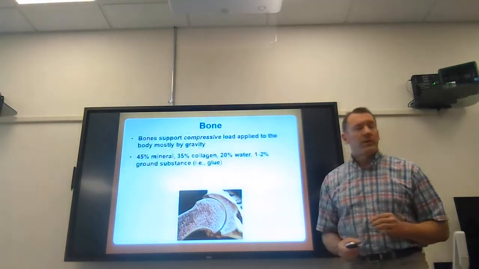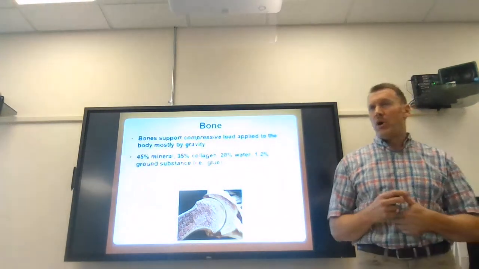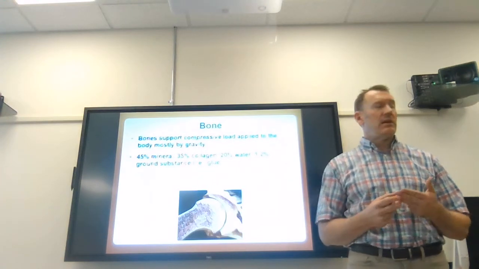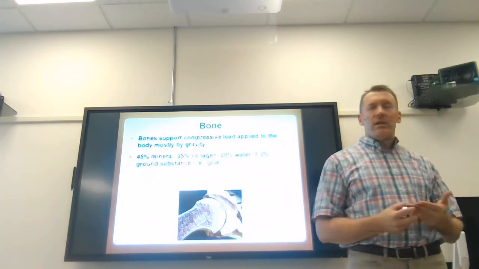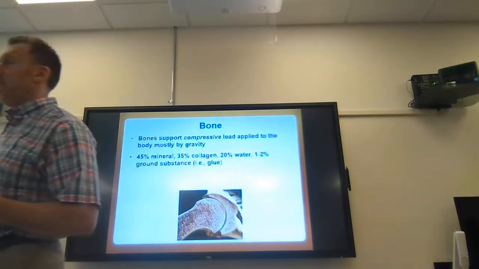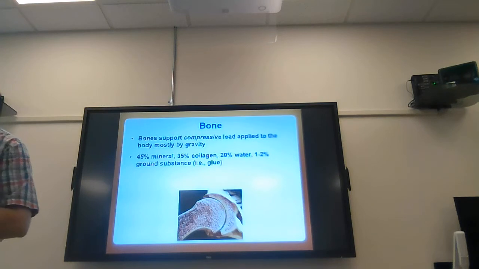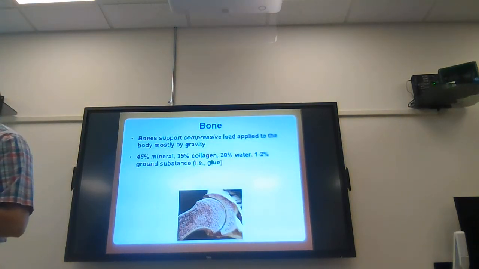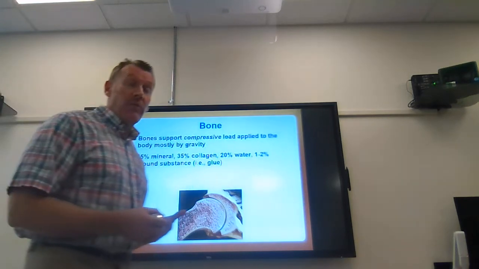I want you to notice that when we talk about bones, tendons, ligaments, and cartilage, there are 3 components that they all have in common. They have differing amounts of water, differing amounts of collagen, and different amounts of ground substance.